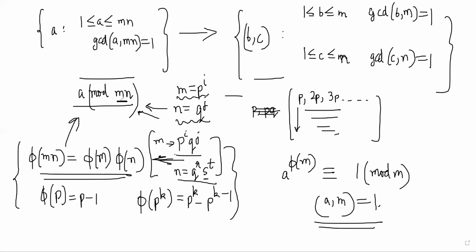Because right now we don't know whether m is having one prime or multiple primes or n is having one prime or multiple primes. So that is why I am not trying to do the direct count, because it will be annoying.